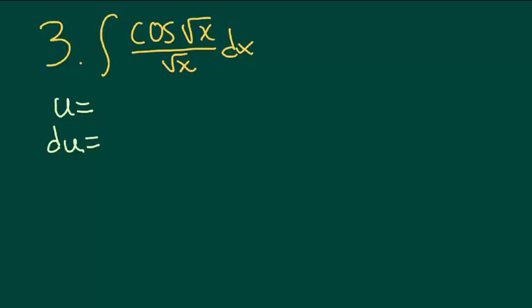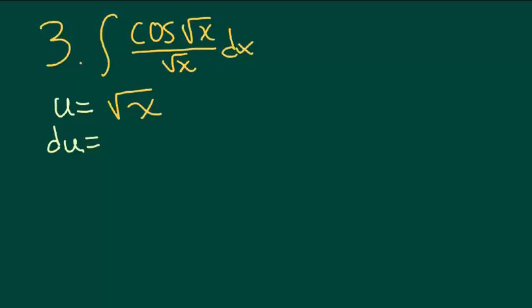So here's another example of integration by substitution. You're not going to want to put in for u the cosine of the square root of x in this case because you don't have the derivative of the cosine in here, which is negative sine. So instead, you're going to, for u, put in the square root of x.